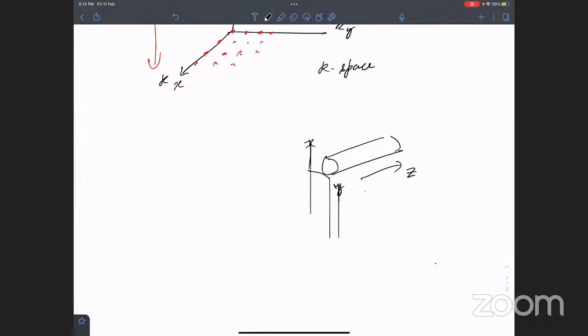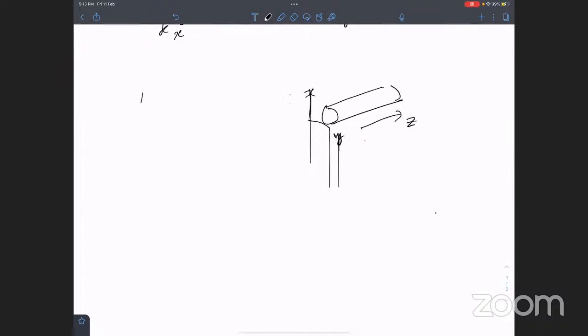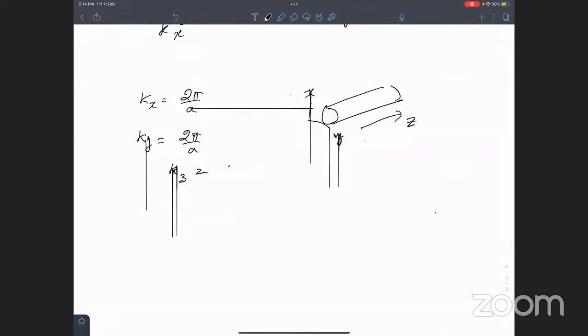And because they're trapped in the X and Y directions, their kx value will be multiples of 2 pi by A. Ky values also will be multiples of 2 pi by A. But kz values will be 2 pi by L. So these two are larger than this.